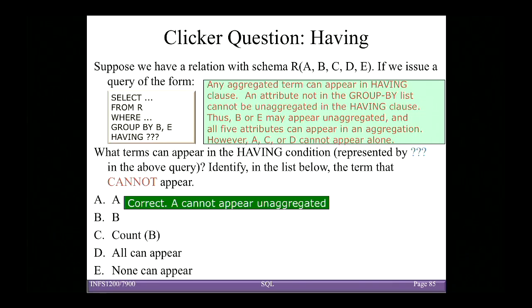Because things within the same group will have the same B attribute and the E attribute. But for things which are not in your group by, like A, the things within the same group will have different A's. So you can't talk about a value for A in your having clause, but you can only talk about average or aggregated values of A in the having clause.